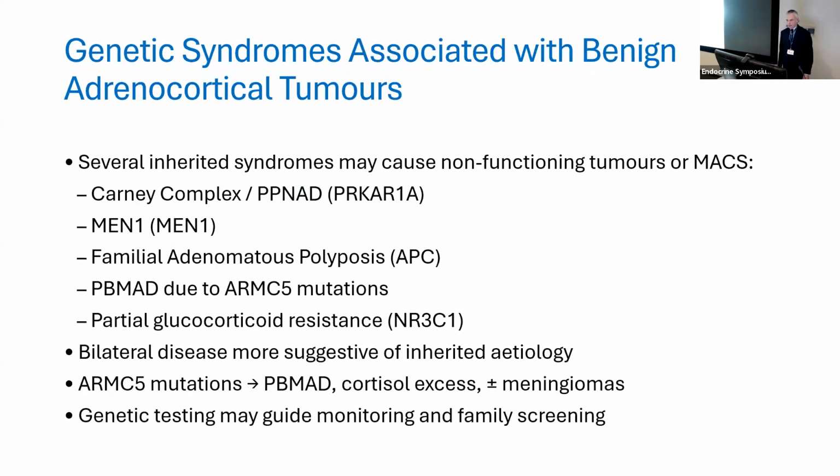These are some genetic syndromes associated with adrenocortical tumors, such as Carney complex with primary pigmented nodular adrenal hyperplasia, MEN, but in particular also the macronodular adrenal hyperplasia with ARMC5 mutations. There are other more rare diseases as well, and it potentially will make a difference to the patient's management and the patient's family.